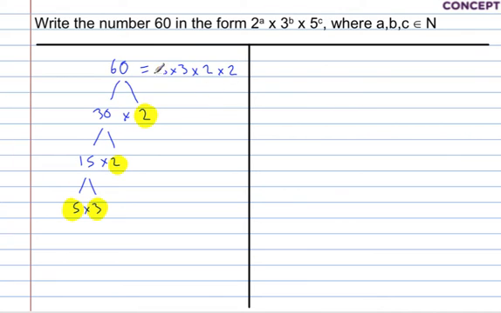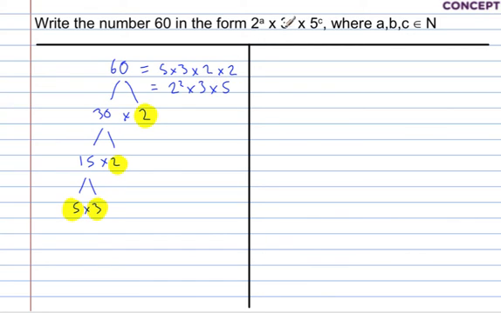Now, they are the prime factors of 60, but they want us to write it in this form here, or this shape here. So that would be equal to 2 to the power of 2, because there's 2 by 2, there's 2 of them. So that's what this little 2 represents. Multiplied by 3, multiplied by 5. Now, you might say, well, there's no number here beside the 3.